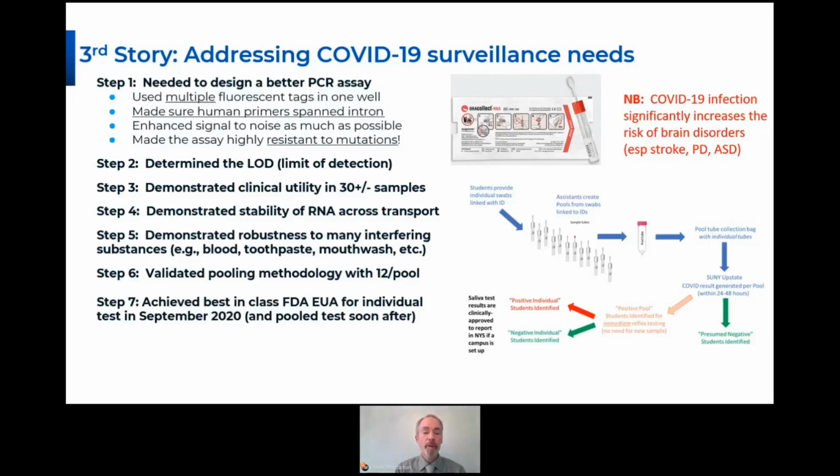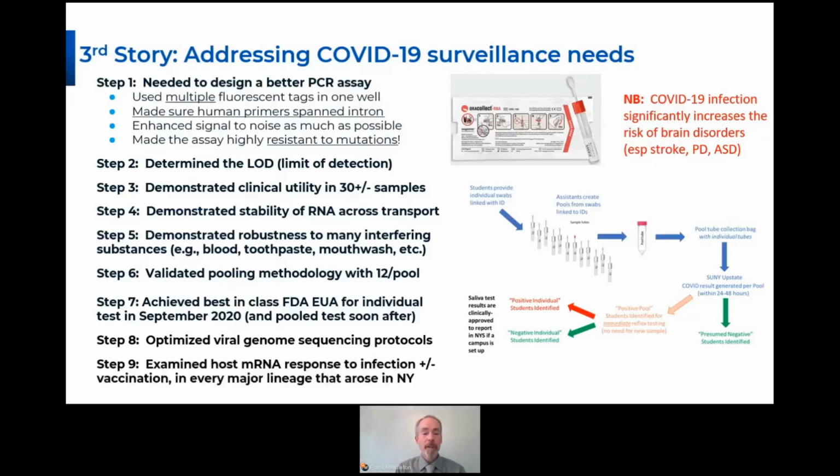Another very important aspect of this particular swab was that the stabilization that it provided for the viral RNA allowed us to optimize genome sequencing protocols. And the last thing that we were able to add as well, because of the stability of the RNA in these swab devices, we could also look at host responses to the infection.